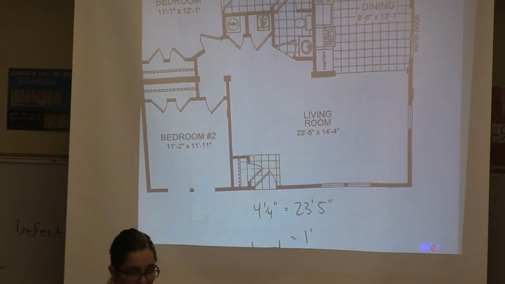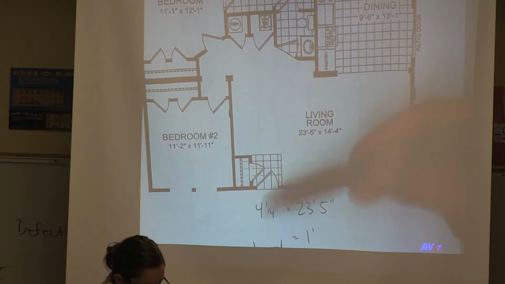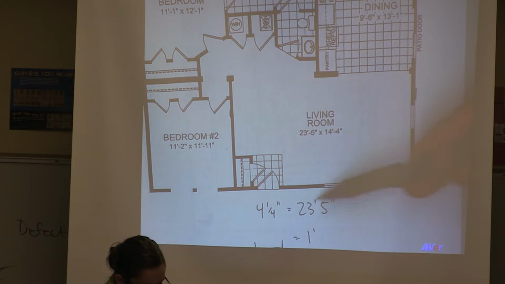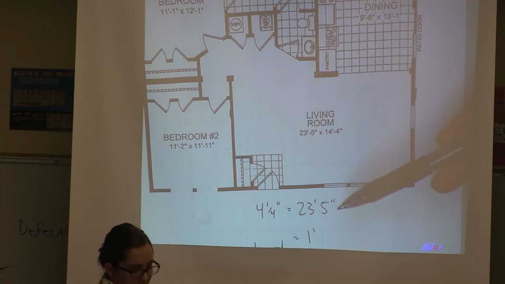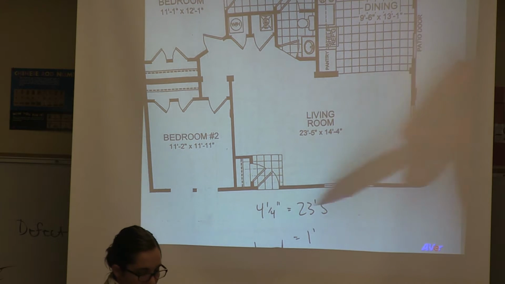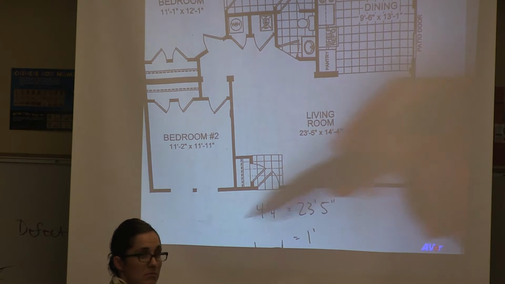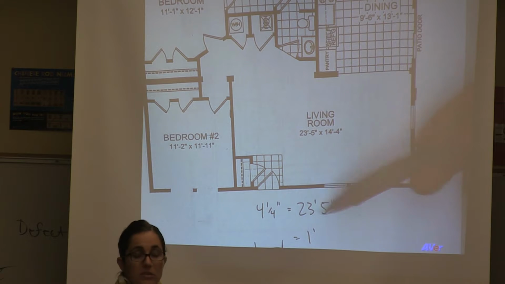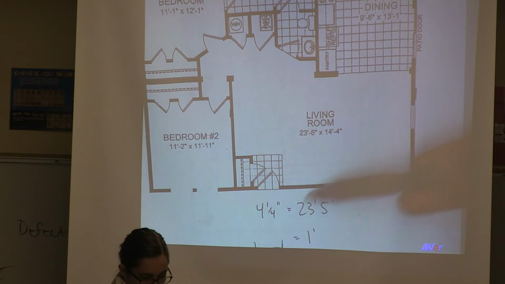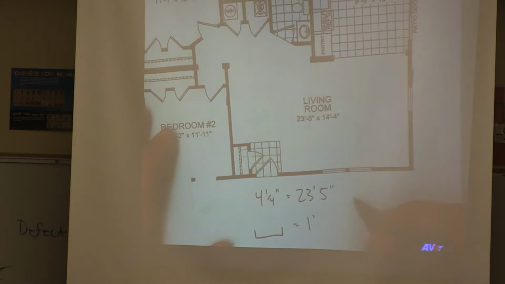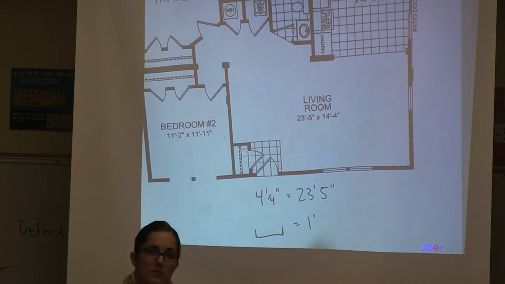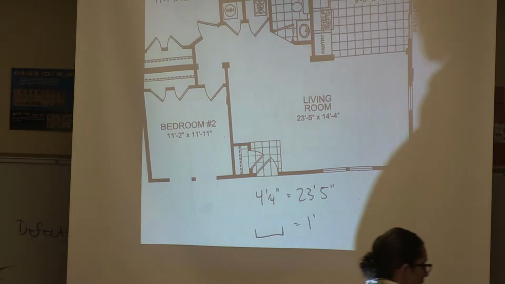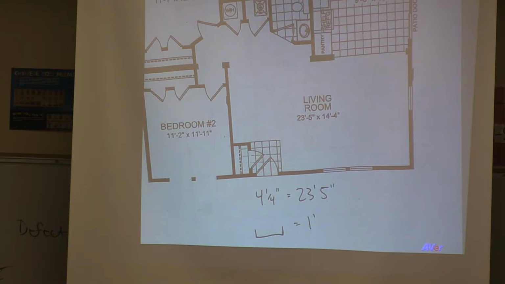So if 4 1/4 inches represents 23 feet and 5 inches, your first step is to turn both of these into full decimals. You can't add fractions in your calculator. So I need you to turn 23 feet and 5 inches into a decimal. That's your first step. As your team, decide how to do that. And it's not 23.5.